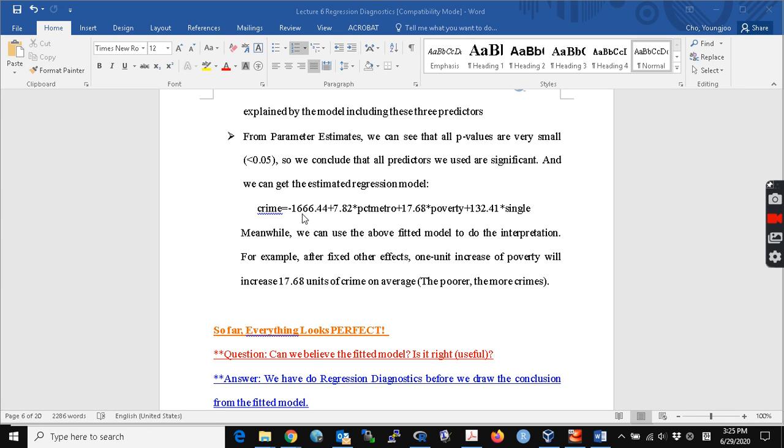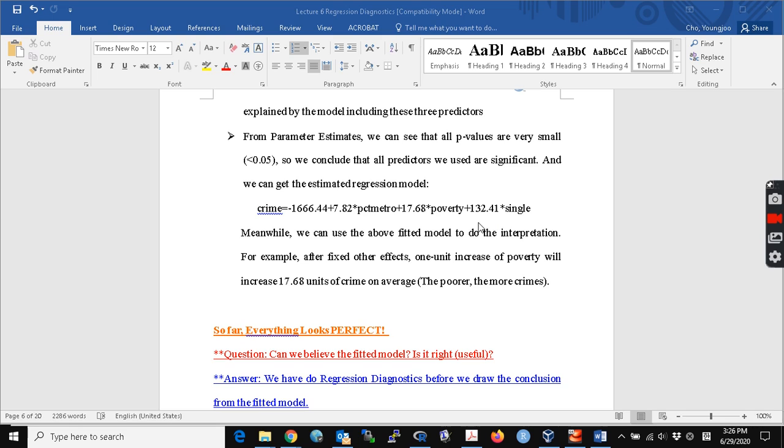So the interpretation of this model is that, provided that all other covariates are fixed, a 1 unit increase of poverty will increase crime by 17.68 units on average. So it means that the poorer, the more crimes.